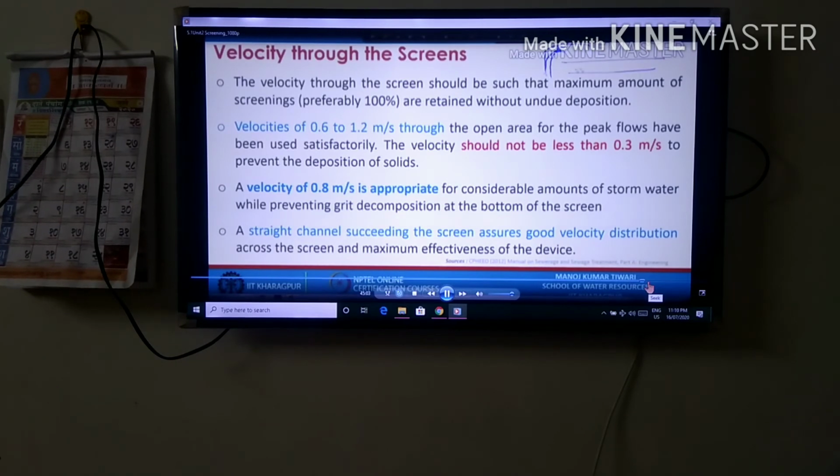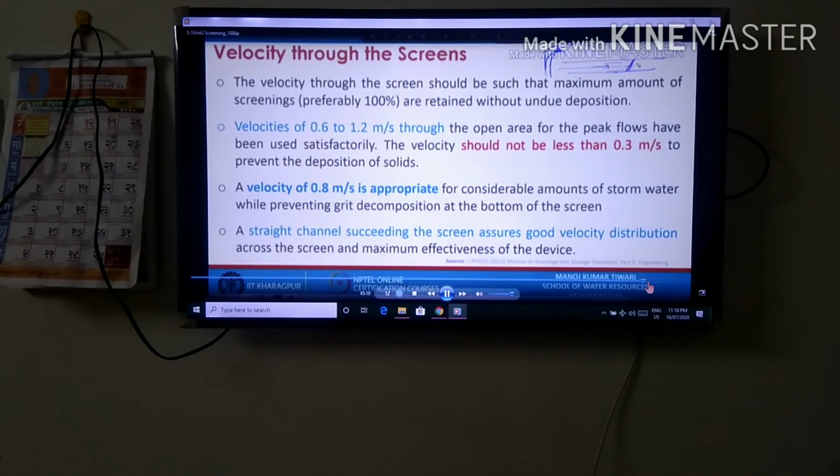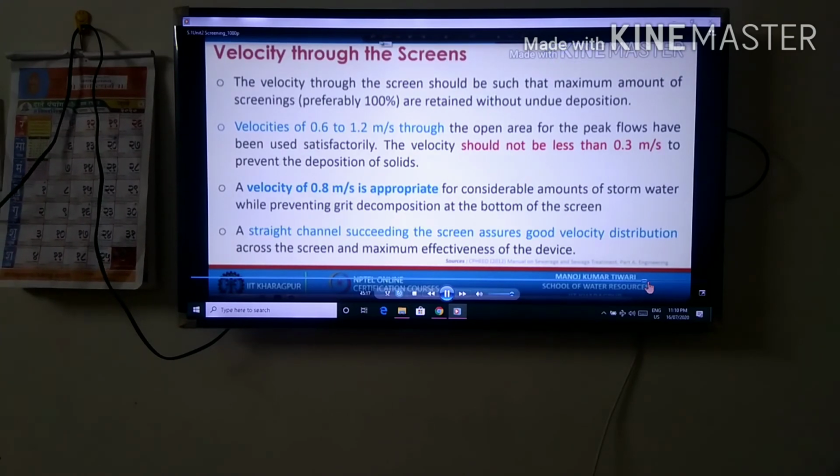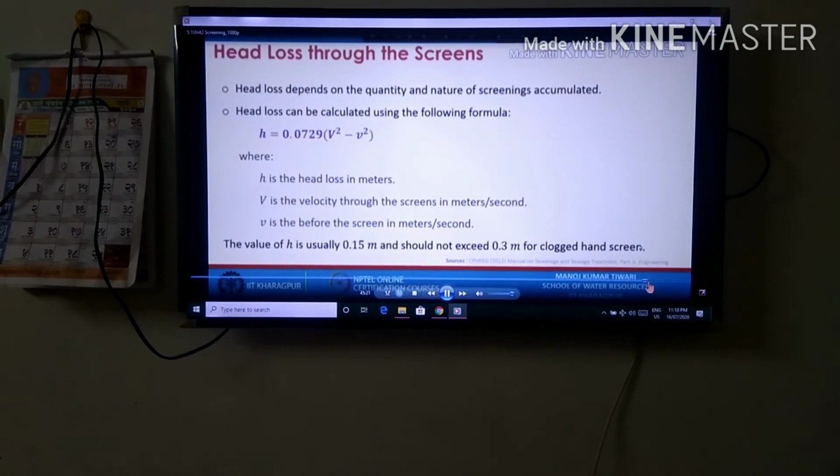It is better to have a significant amount of straight channel before the screen so that velocity is nicely distributed in the channel. And this maximizes the effectiveness of the screen in terms of retention.